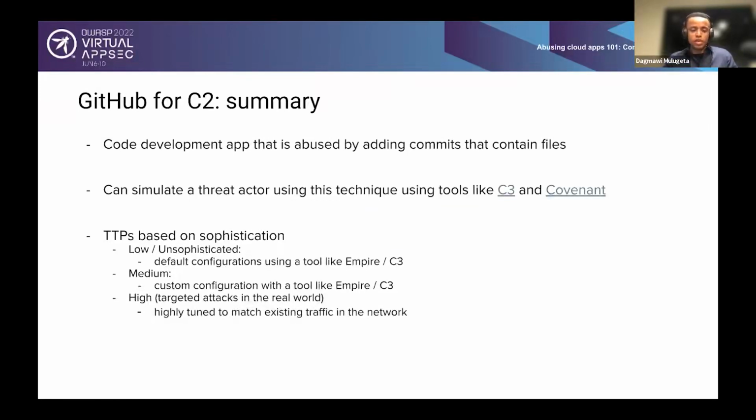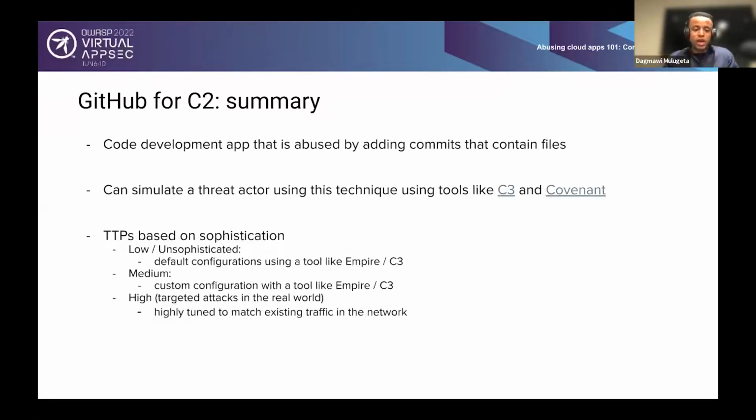So if you want to model an attacker with low sophistication, or an unsophisticated threat actor, you just use the default configurations using a tool like Empire or C3 and see if your controls can pick that up. If you want to model a moderately sophisticated threat actor, you can customize those configurations a little bit.